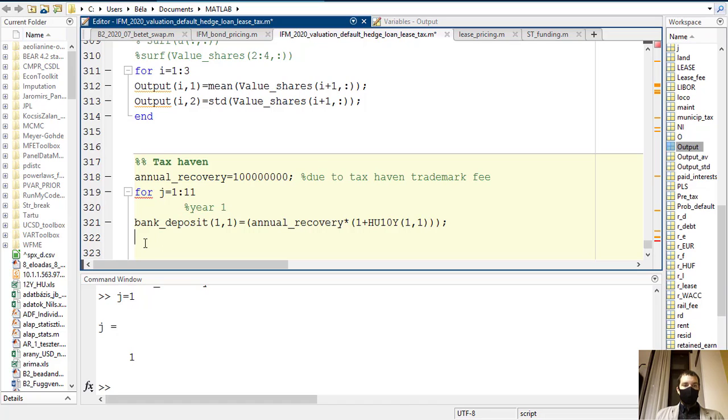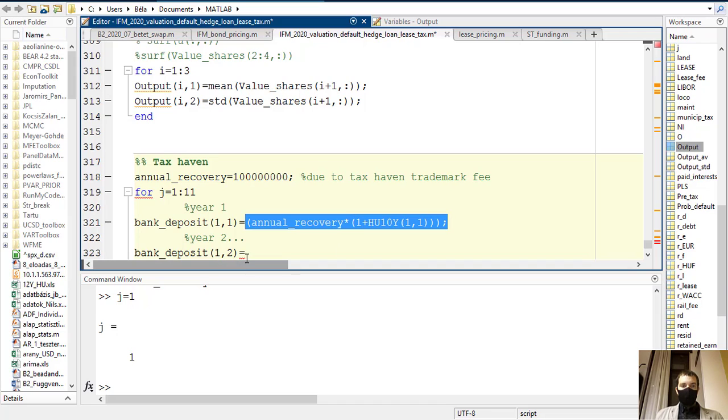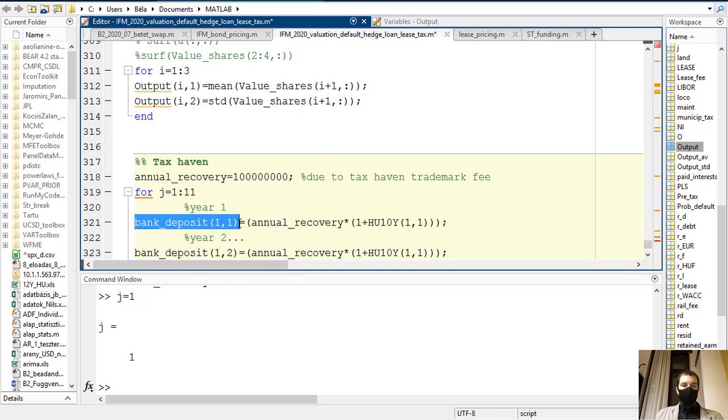But after that, after the second year, let's say it's the second, then what happens is that we have the previous bank deposit plus the annual recovery, and now we are multiplying this with the new yield.